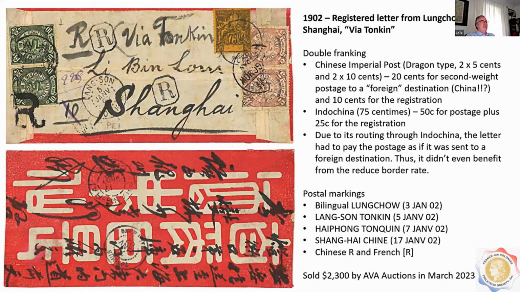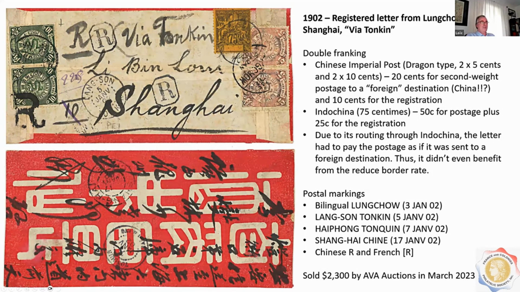This one is an example of mail from China to China, paying international rate because it traveled via Tonkin. So we have 10 cents for registration, and an additional 20 cents for a double weight, or second weight, international letter postage.